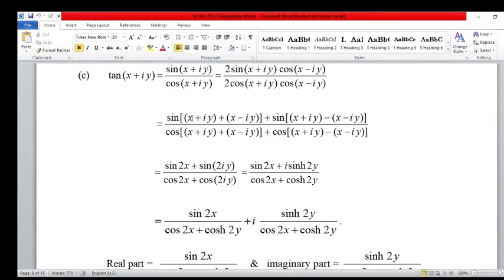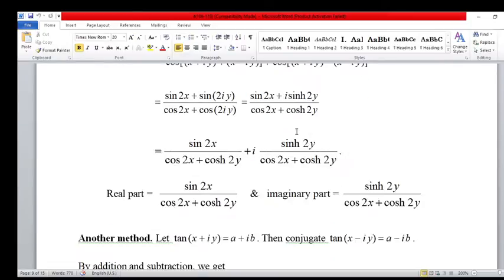So here sin(x+iy+x-iy) plus sin(x+iy-x+iy). This formula applies here. Now after solving we obtain sin 2x plus sin 2iy, upon cos 2x plus cos 2iy. Converting into hyperbolic, this is sin 2x plus i sin hyperbolic 2y, upon cos 2x plus cos hyperbolic 2y.